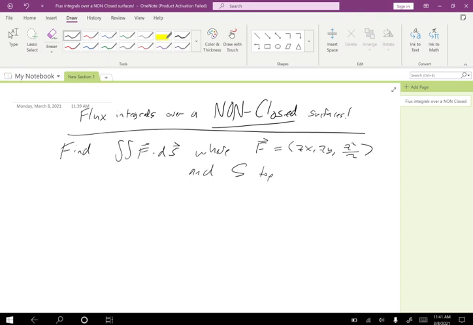S is the top half of the sphere x squared plus y squared plus z squared equals 1. And the top half is where this problem gets a little tricky.